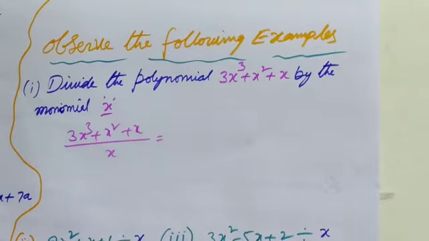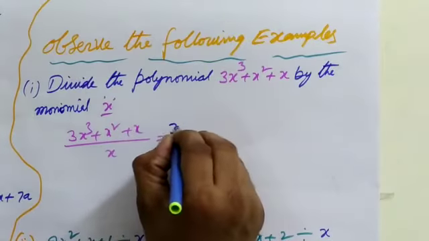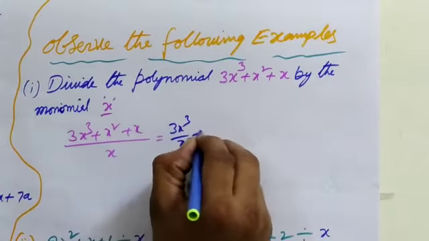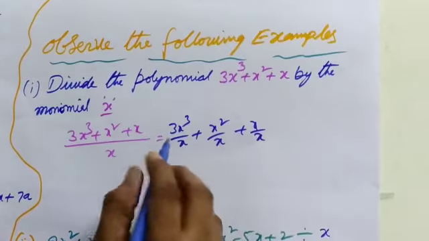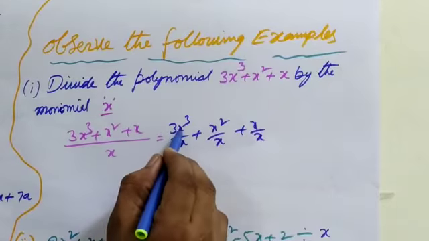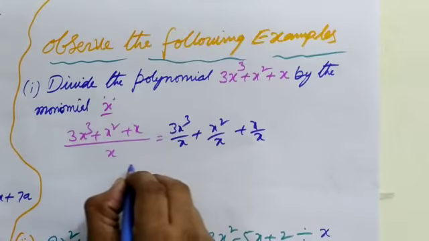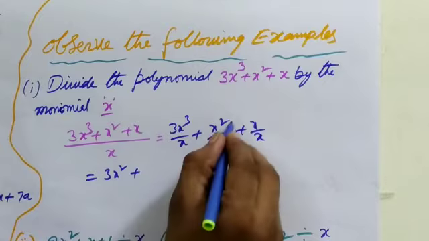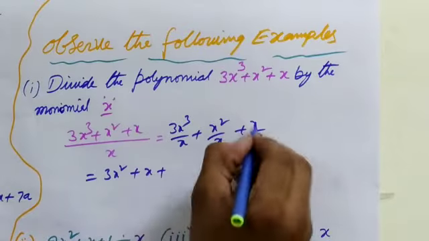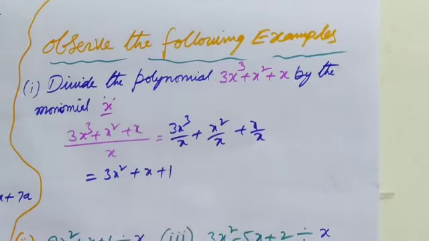Divide individually: 3x cubed by x plus x square by x plus x by x. With cancellation, 3x square plus x plus 1. Therefore, the cubic polynomial divided by the monomial.